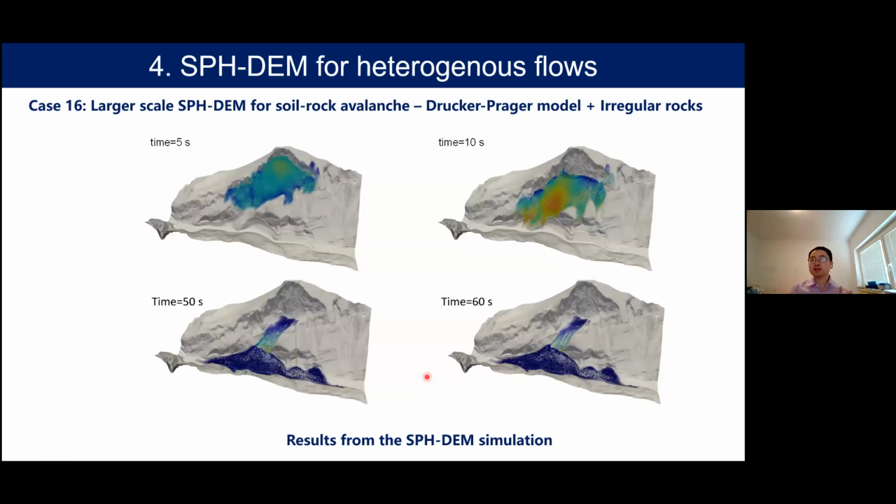And we simulate this using the combined method using SPH and DEM. You can see that here the blue ones are SPH modeled material, which is the soil, and the gray ones are the irregular shape of the rocks.